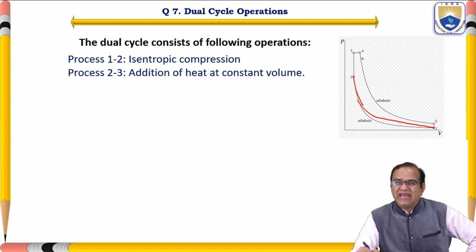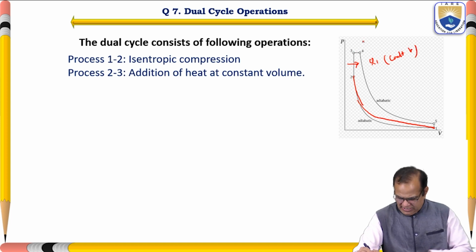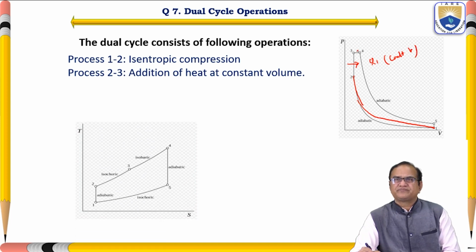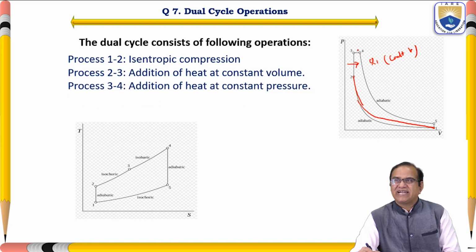2 to 3 is addition of heat, called Q1, at constant volume. Then 3 to 4 is addition of heat at constant pressure. This is Q2, at constant pressure.